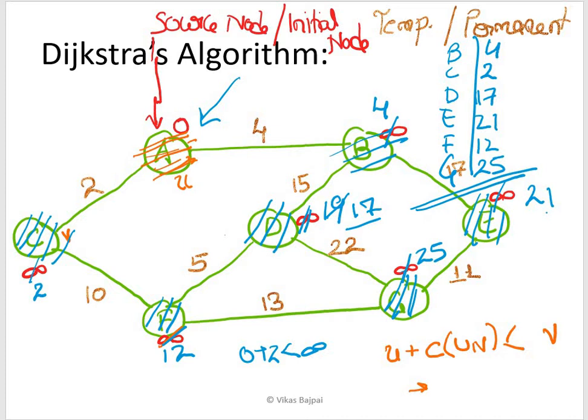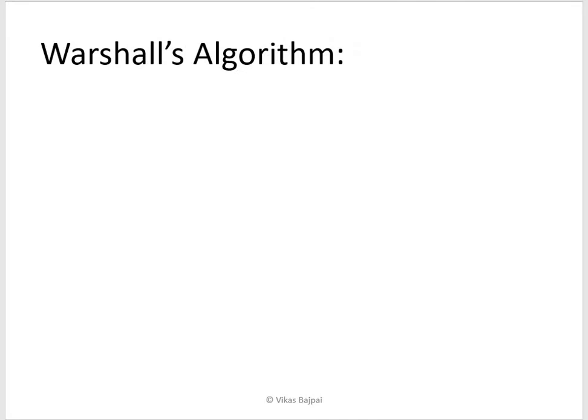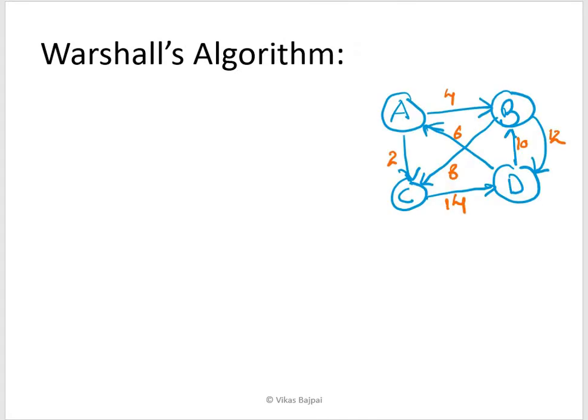Let's talk about the Warshall algorithm now. Let's take this example where we have a directed graph, and it's a weighted directed graph. Now we have to come up with a matrix, let's say M, which of course will be a square matrix. So it will be for these 4 nodes.